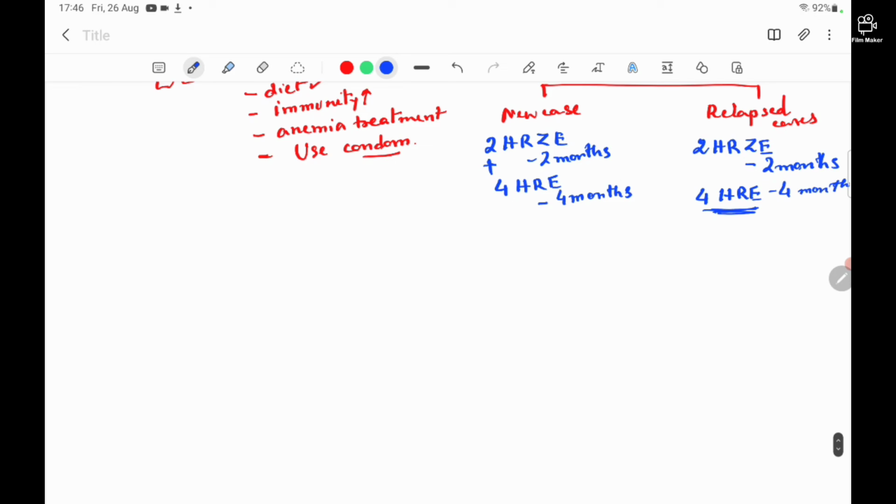Now what is this HRZE or HRE? So let's write here HRZE. H is isoniazid. R is rifampicin. Z is pyrazinamide.